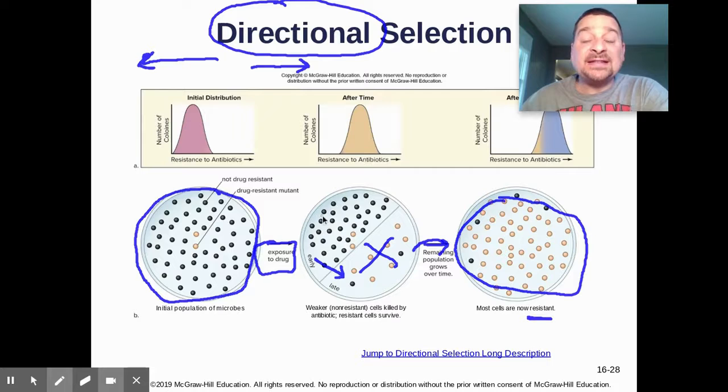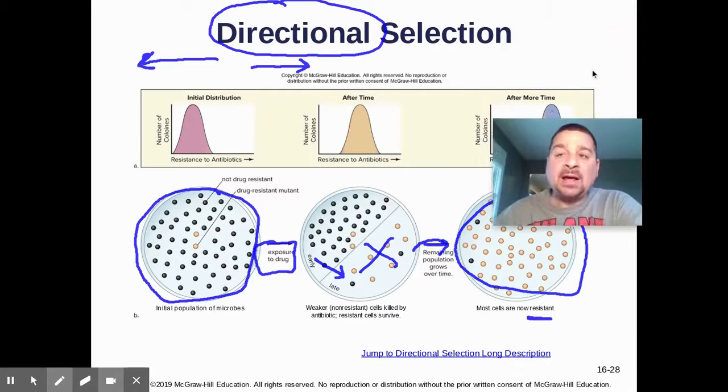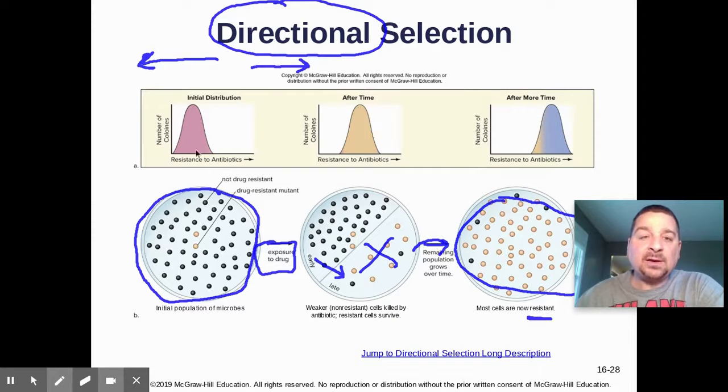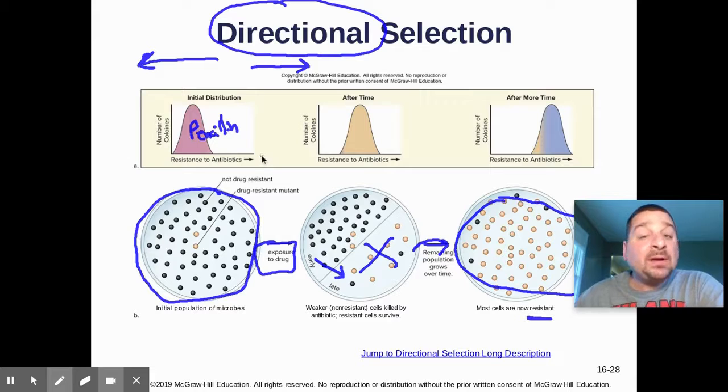We used to use penicillin for everything. Now we find that we can't really use it for everything anymore, because if we look at our curve here, penicillin used to work for just about everything. But then every time someone was sick, we prescribed it, even if it was viral, and we know antibiotics don't work against viruses. And this curve started to shift over time to where now we're mostly resistant to that.